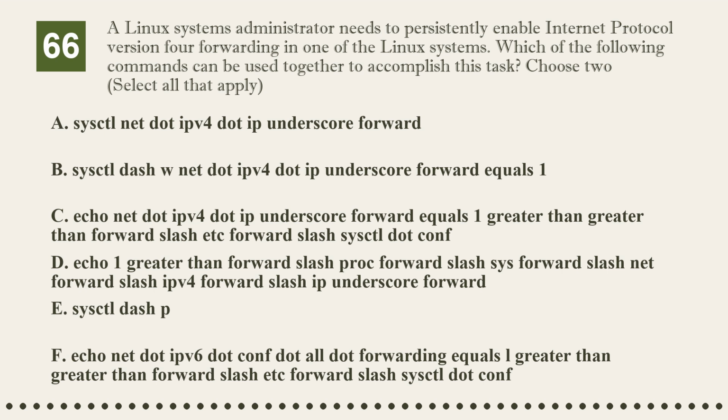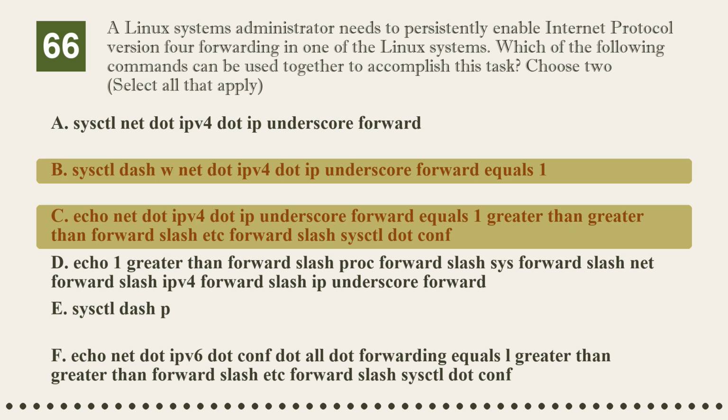Option D, echo 1 > /proc/sys/net/ipv4/ip_forward. Option E, sysctl -p. Option F, echo net.ipv6.conf.all.forwarding=1 > /etc/sysctl.conf. The correct answers are options B and C.